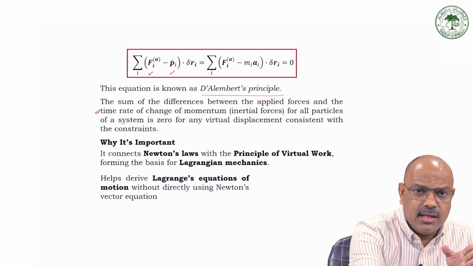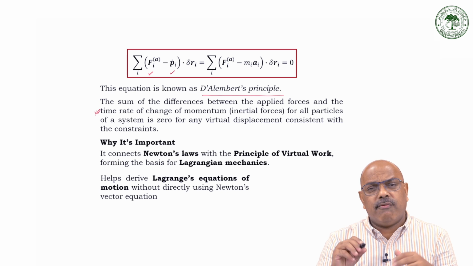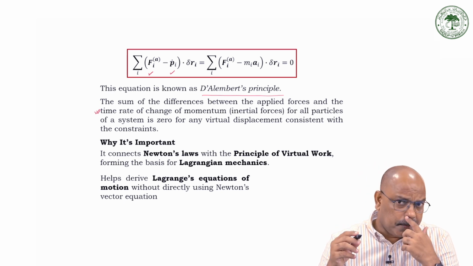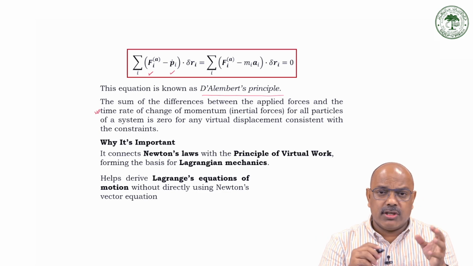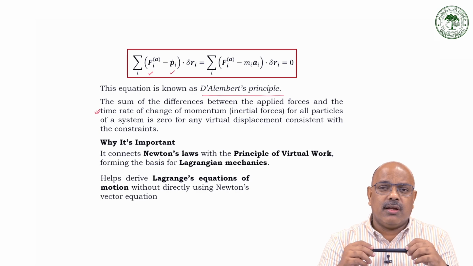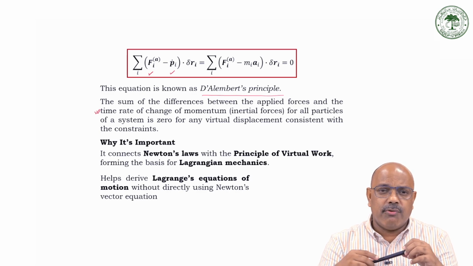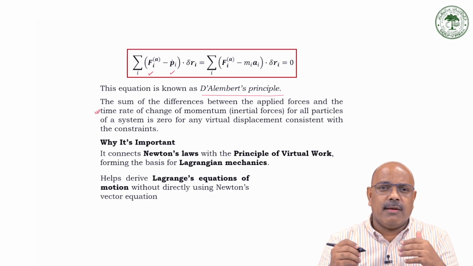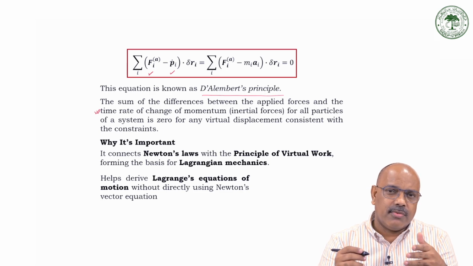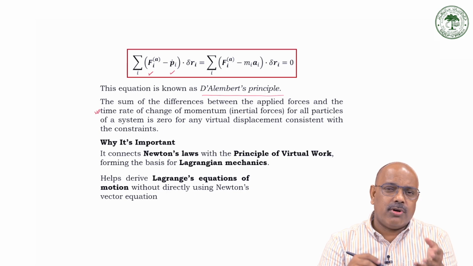That finally gives this expression, which is the D'Alembert principle. It tells me that for the sum of all the forces acting on the system, with the corresponding reverse effective force, the difference of all those forces, Fia minus Pi dot, dotted with the virtual displacement consistent with the constraints, is going to be 0.